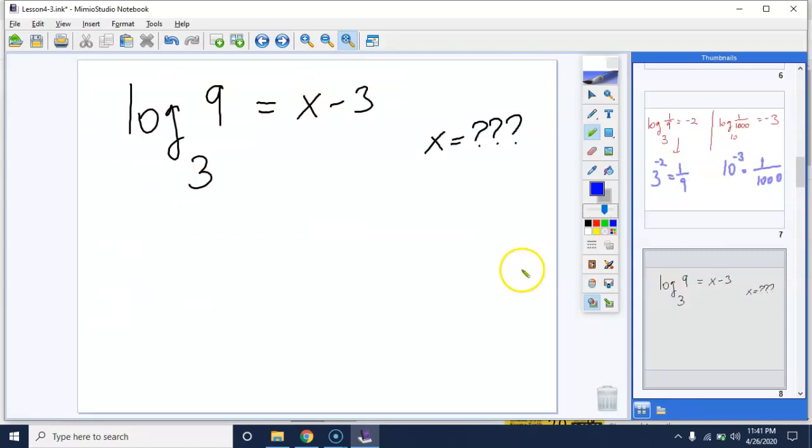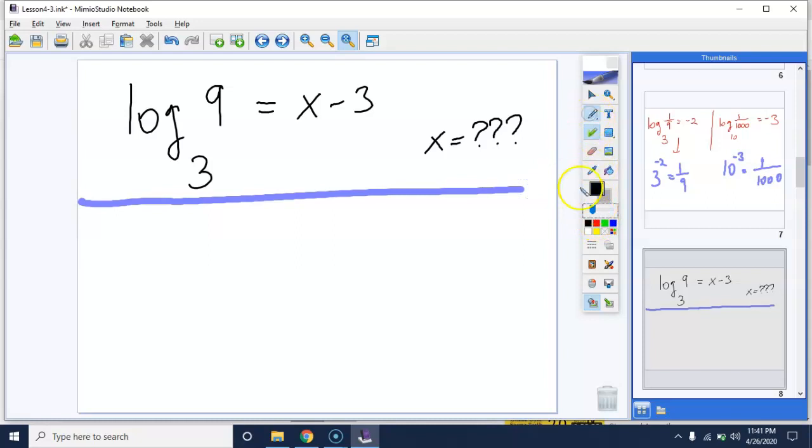By using those, we're going to solve some questions right now. Logarithm base 3 of 9 equals x minus 3, solve for x. I'm going to do the same thing basically, nothing new. Convert to exponential first: 3 to the power x minus 3 equals 9.